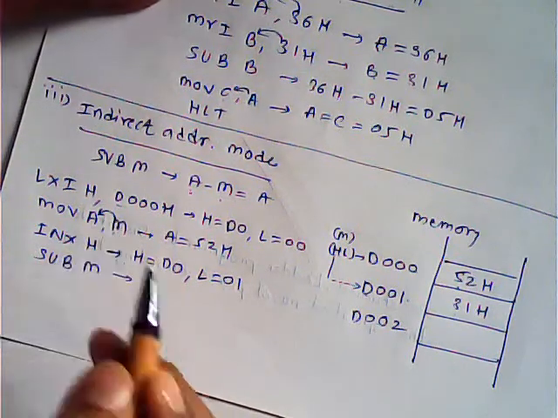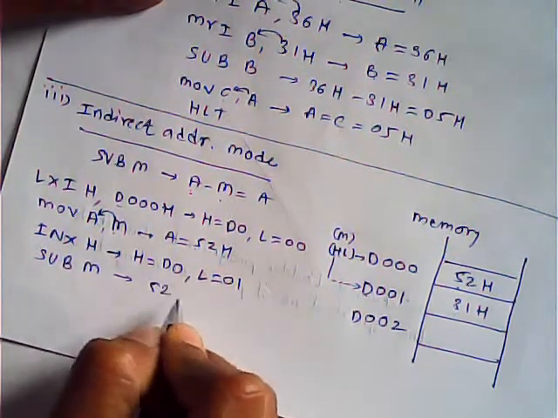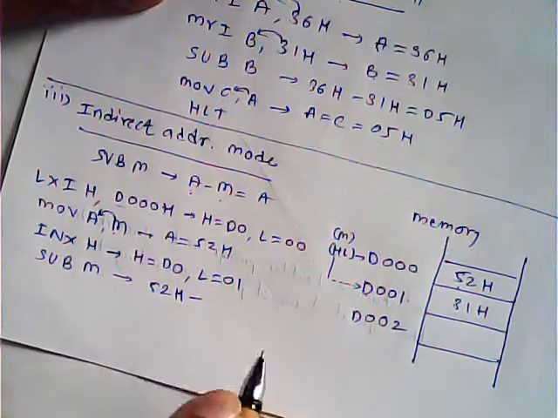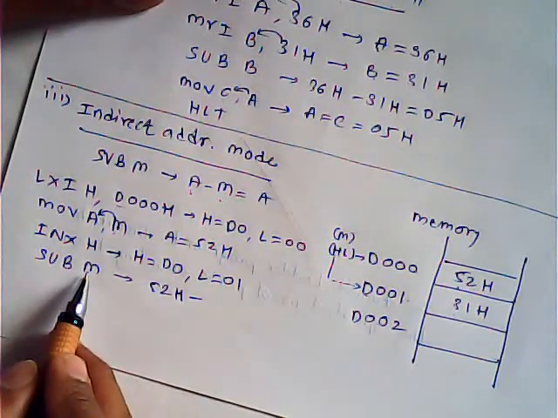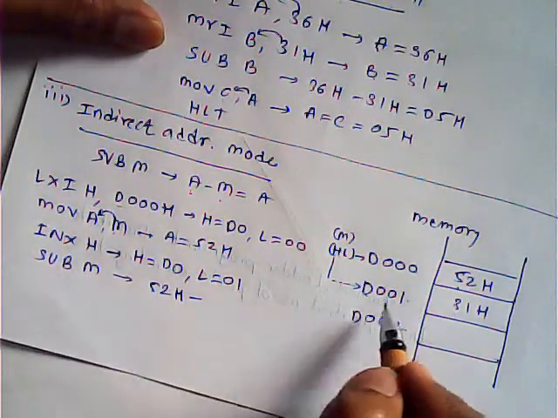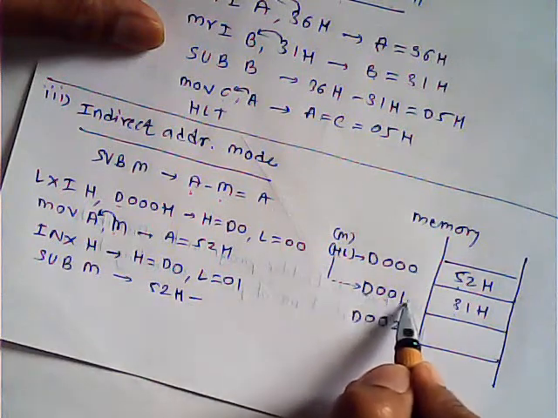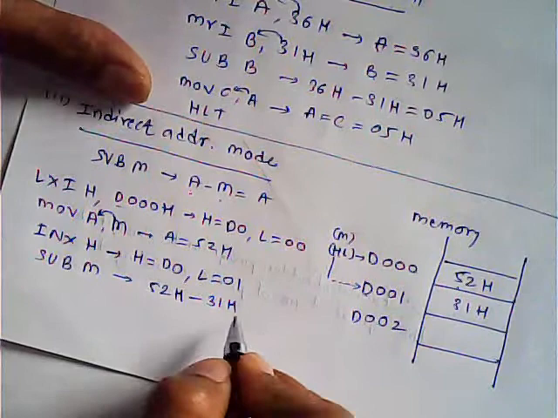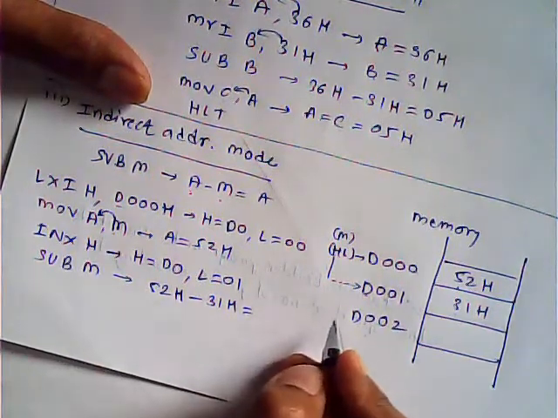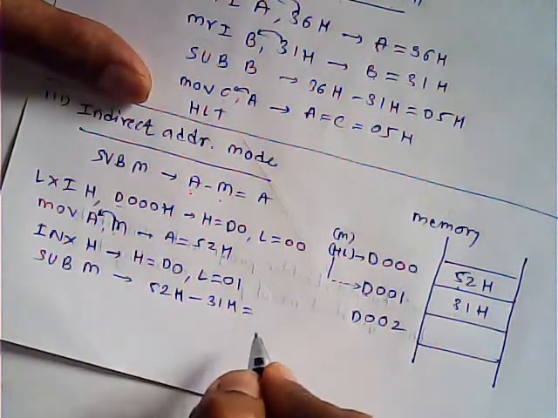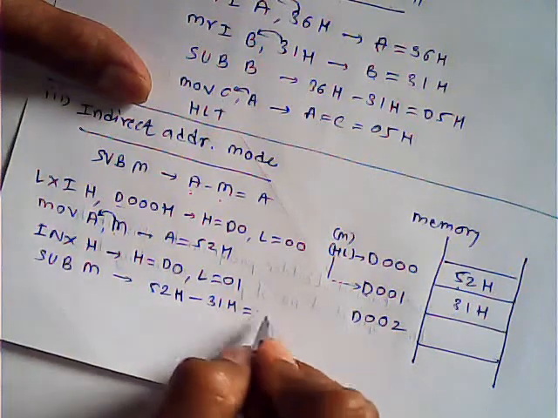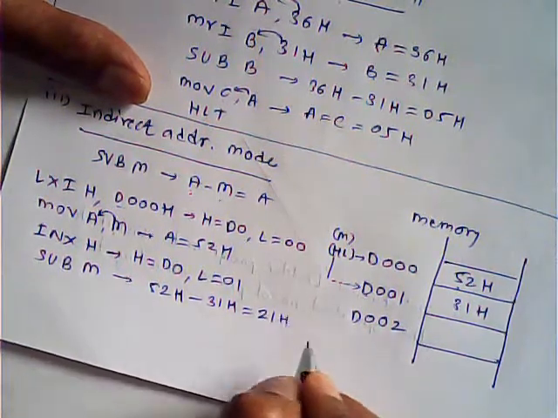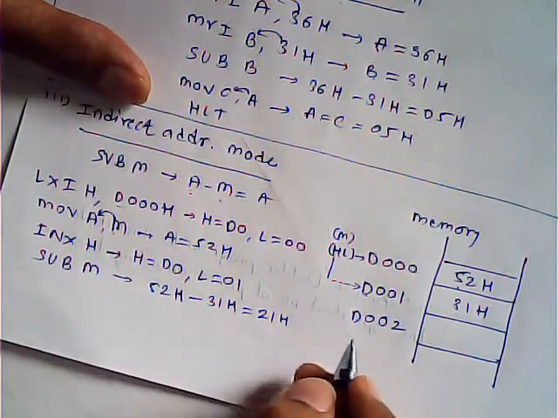So 52x minus M, the memory pointer content, which is pointing at D001, that is 31 hex. In the accumulator you will get the subtraction result, 21 hex.